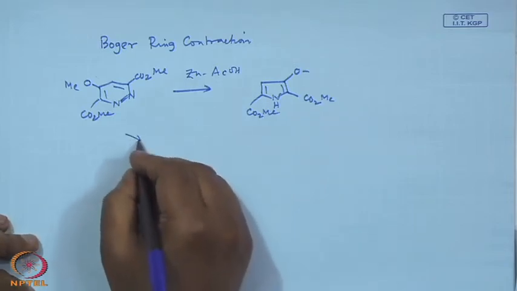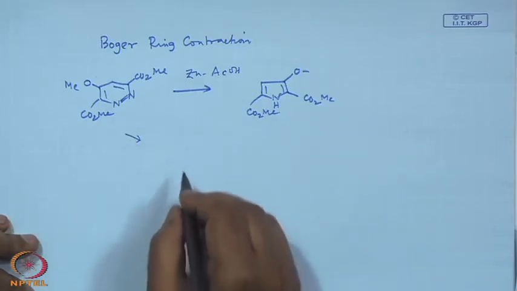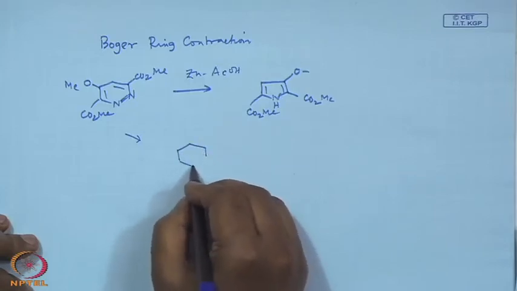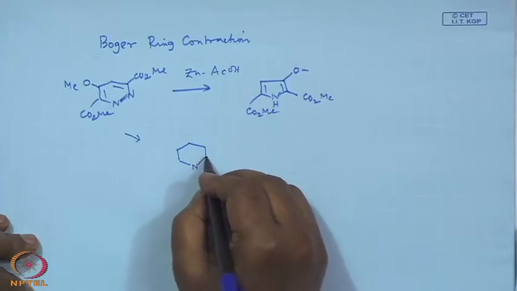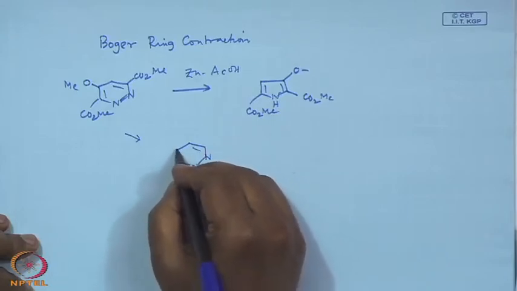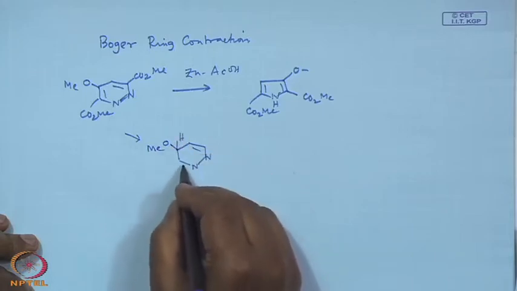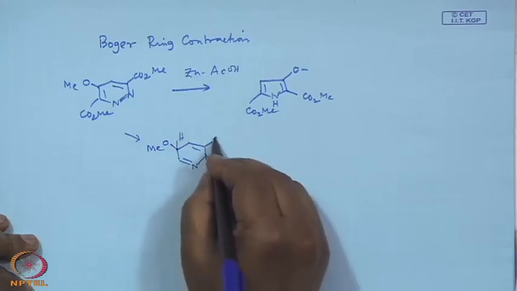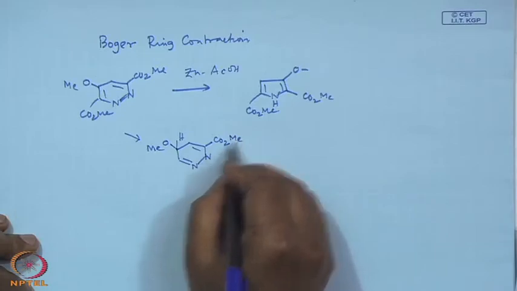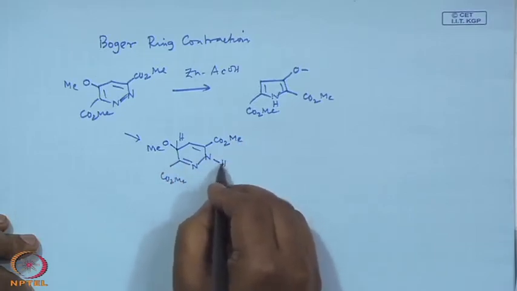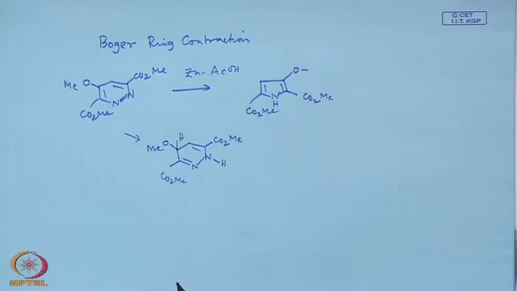So, mechanistically there are many possible mechanisms, but it is now agreed by most organic chemists that it gives first a dihydro compound where hydrogens are added across this pyridazine nucleus in 1,4 fashion.